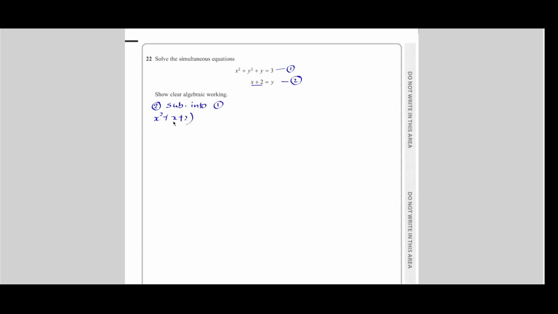Since it is squared, I need to square the whole thing because this whole thing is y. Then the whole thing to be squared. Plus, again I'm getting y, which is x plus 2, equals 3. Let's simplify this one.